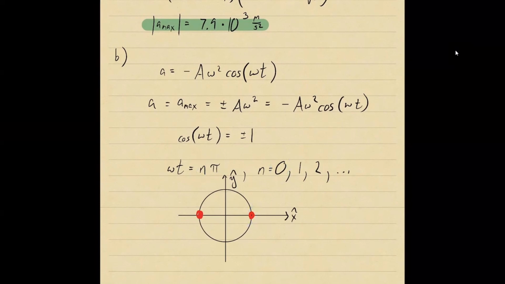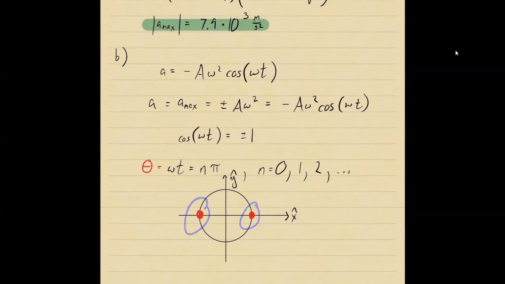Keep in mind that this is theta. So when theta is 0, cosine of 0 is going to be 1. If you plug in 1, then theta is going to be equal to pi. So it's going to correspond to here. And cosine of pi is -1. So if you keep flip-flopping back between these 2 points, that'll tell you the maximum values.